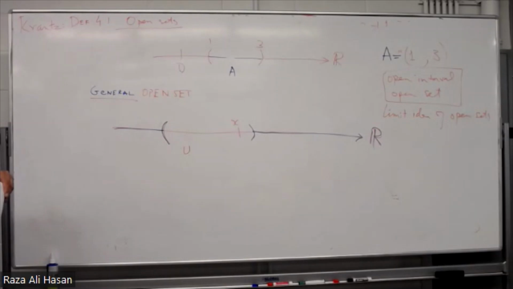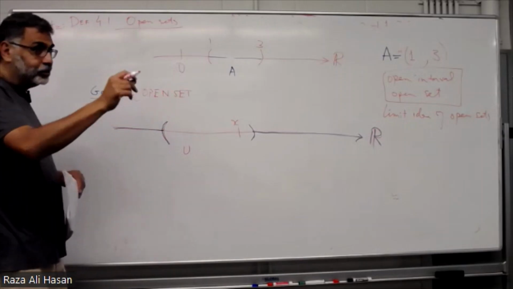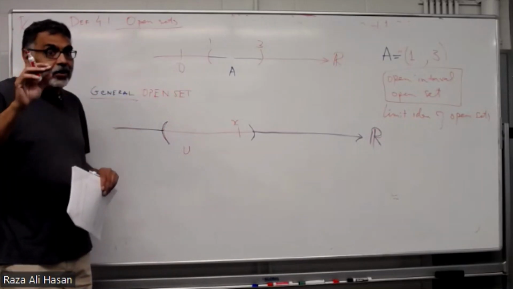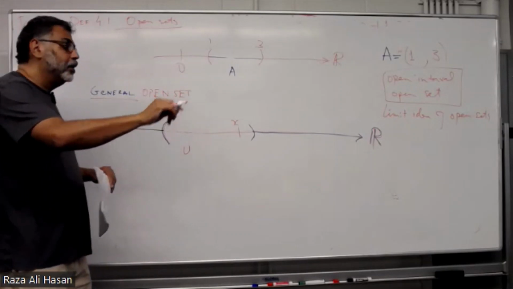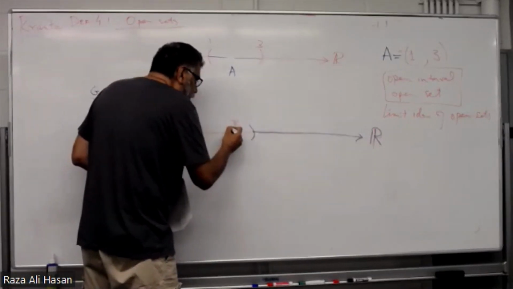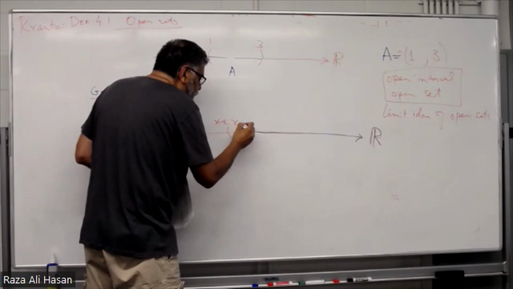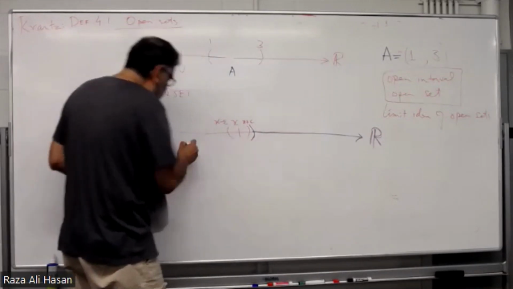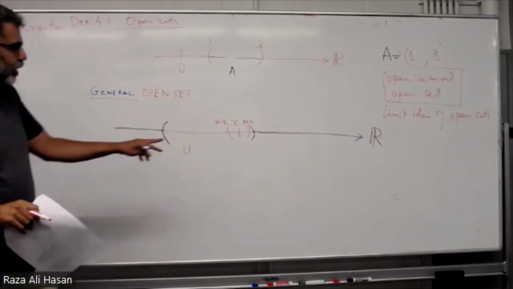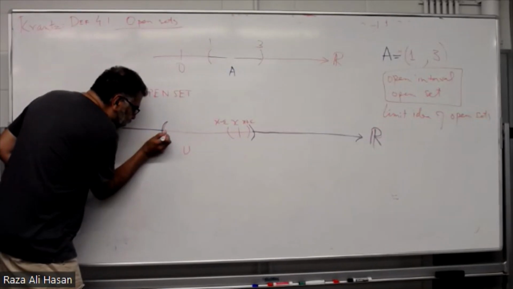I can create a neighborhood around X using an epsilon. There is an epsilon which will allow me to make a neighborhood around this number X, which is still within U. I can choose this X right here.